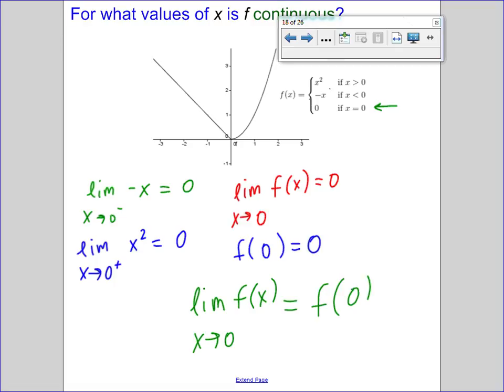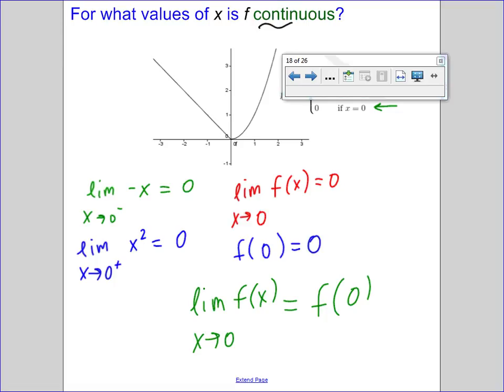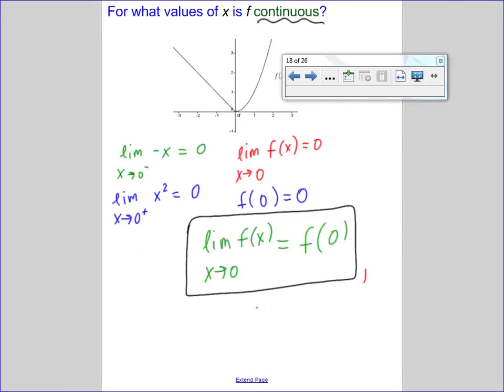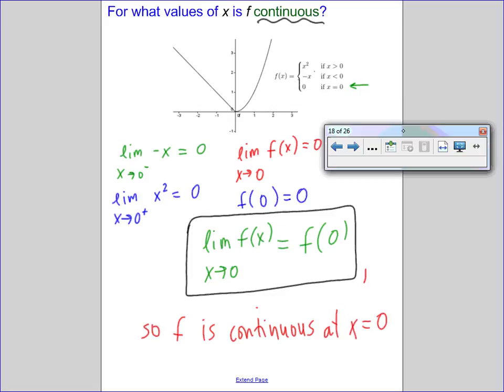That's our requirement for continuity. And for all x, as we see with our continuous function, we needed to investigate the changing point, when we switch function definitions and pictures on the graph.